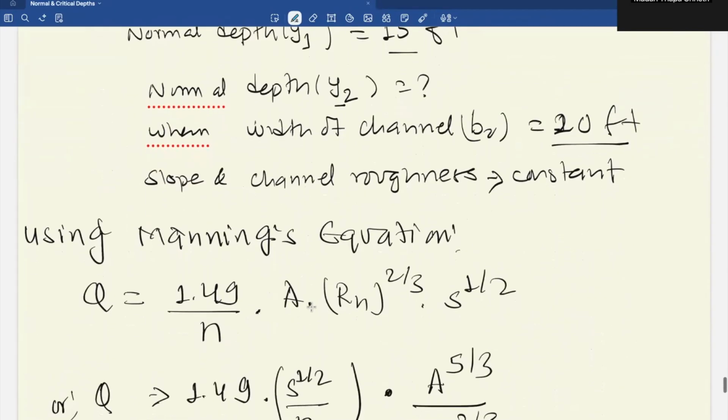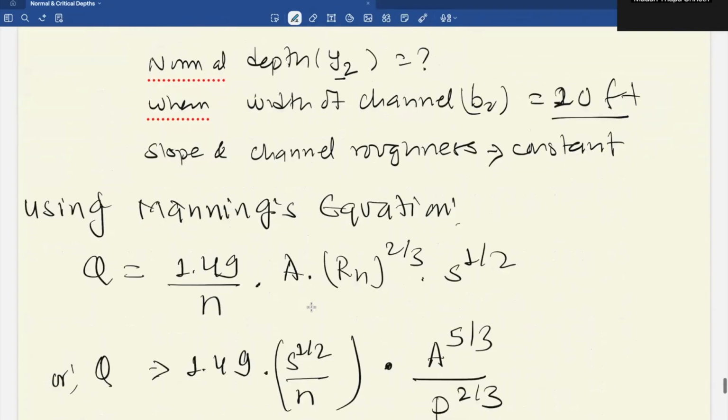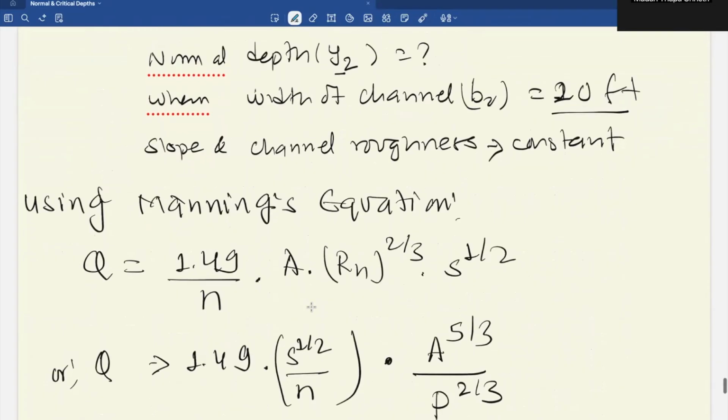So now let us use Manning's equation. Since it is also in the BG system, we will be using this 1.49 value for Km. So Q will be equal to 1.49 by n times area times hydraulic radius to the power 2 by 3 times slope to the power 1 by 2.